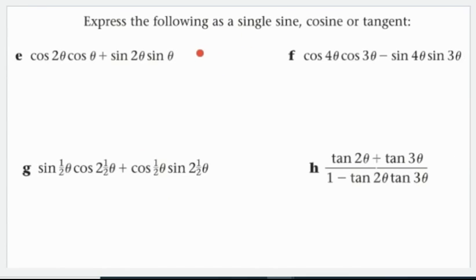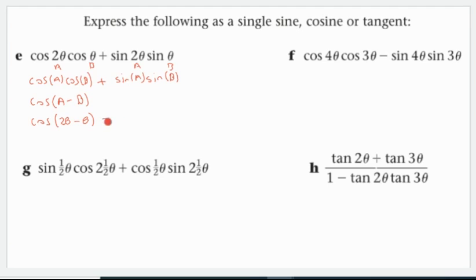Okay, let's move on. Express the following as a single sine, cosine, or tangent. Same thing. If I call this A, this B, and this A, and this B, I have cos A cos B plus sine A sine B. This is the expansion for cos of A minus B. But A was equal to 2 theta, and B was equal to theta.